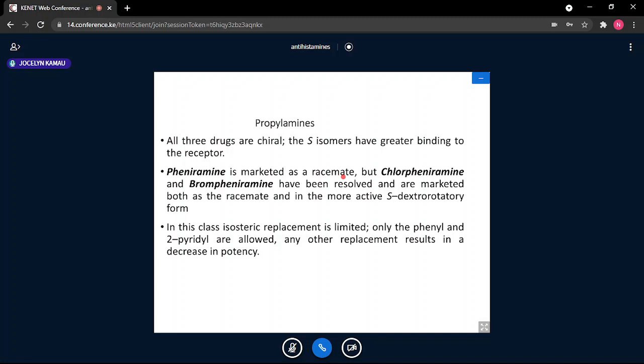And of course, we do have the Z and the E. We call it the Z because in these particular drugs, the different groups are not the same; none of those groups are the same.